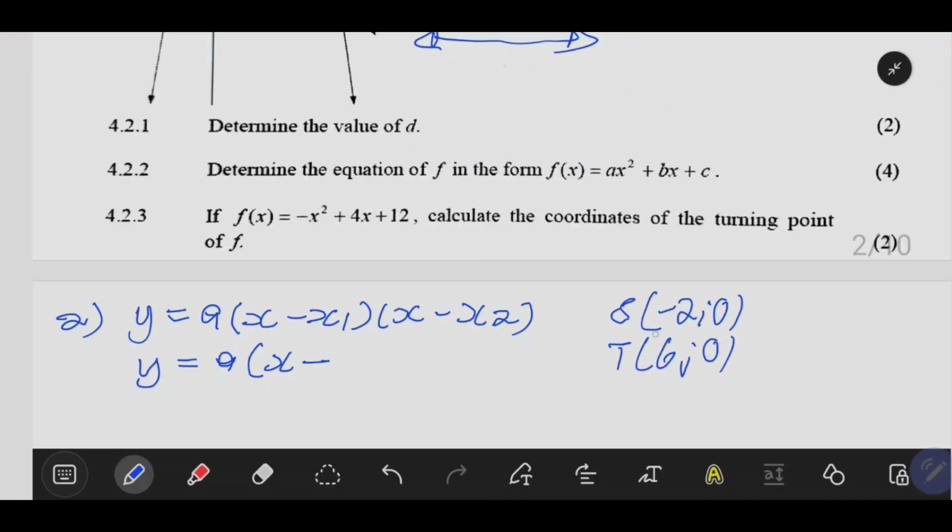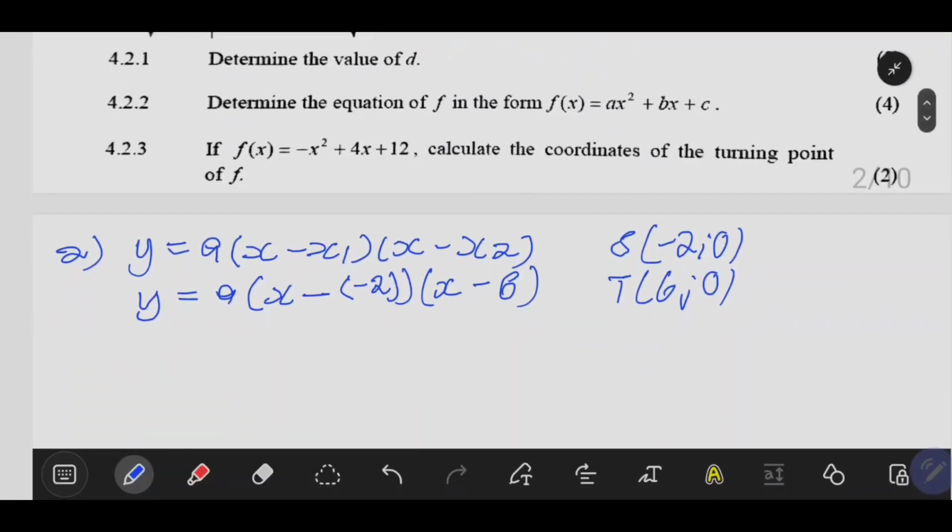When you plug these coordinates into the equation, we plug each x coordinate with its sign. So we're having negative 2 here, we open the bracket and put negative 2. Then x minus, this was positive 6, so we're just going to put 6 here.